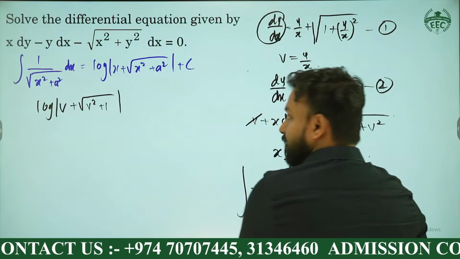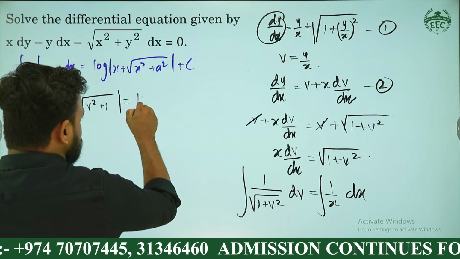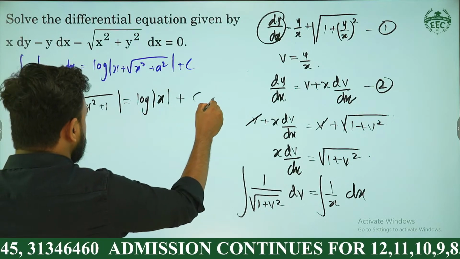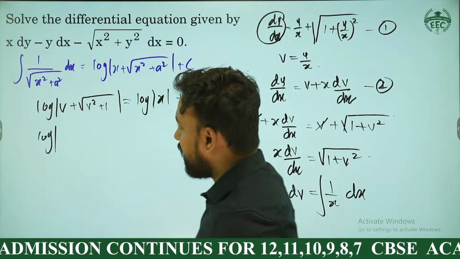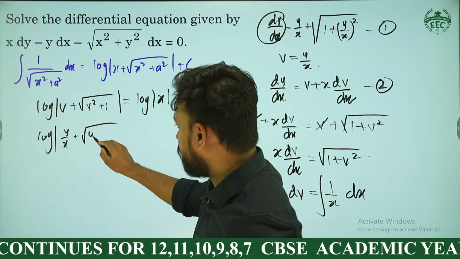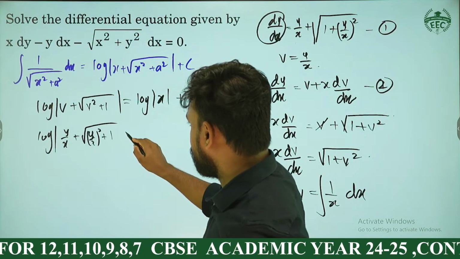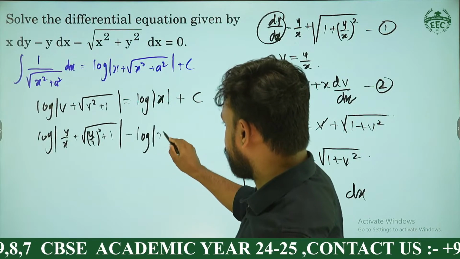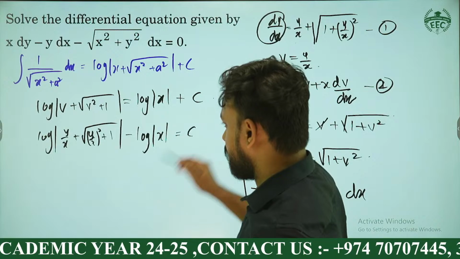That is your LHS, and RHS becomes the integral of 1 by x, that is log mod x plus c. Here I can put v as y by x plus root of y by x the whole square plus 1, and this log x goes to that side, negative log mod x, is equal to c.